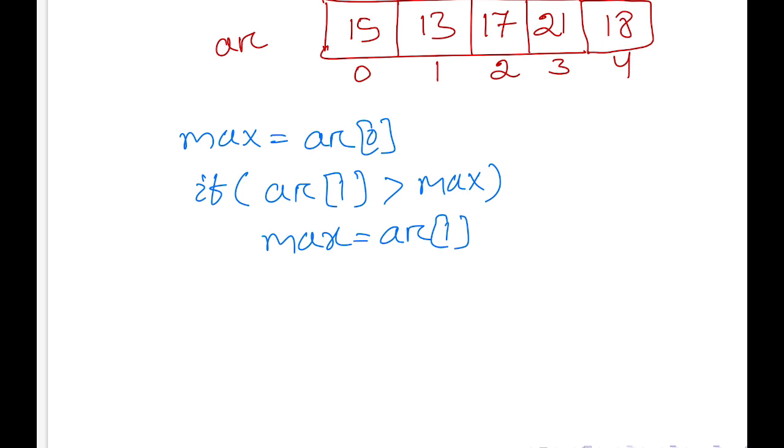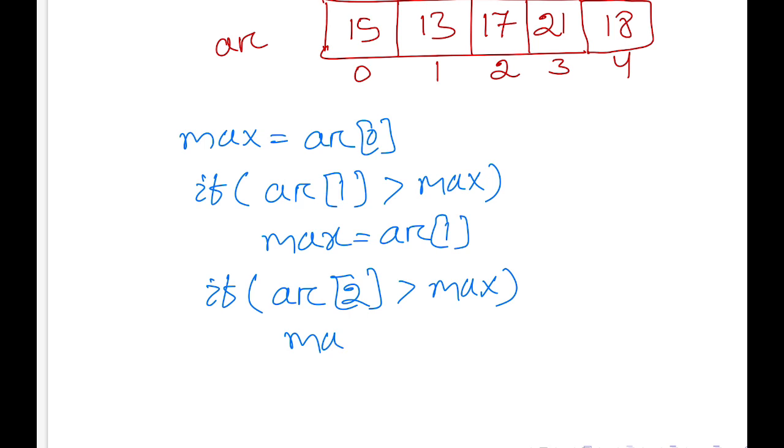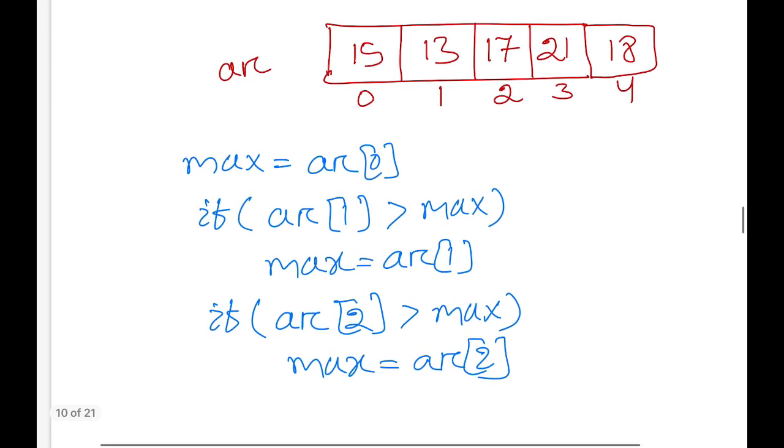Now apply the same technique again, that is if AR of 2 greater than maximum, then update the value of maximum. So what is the value of AR of 2 in this example? It is 17.